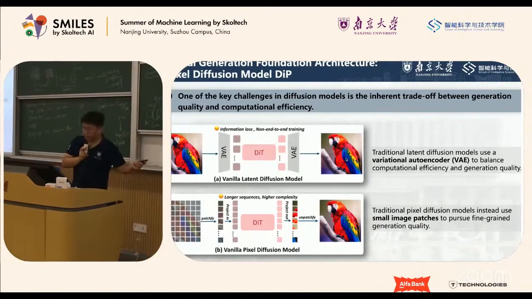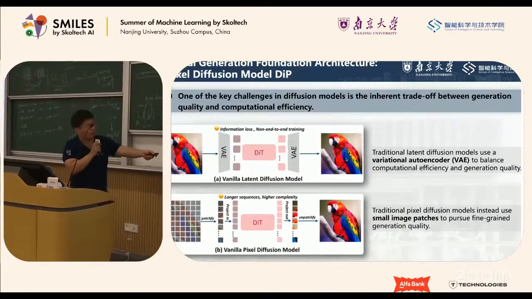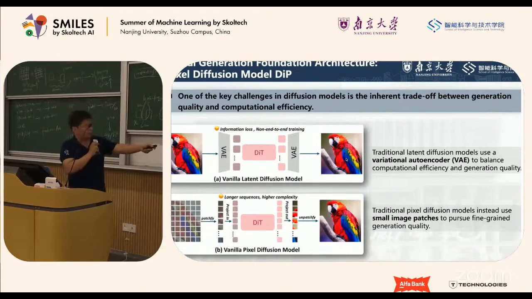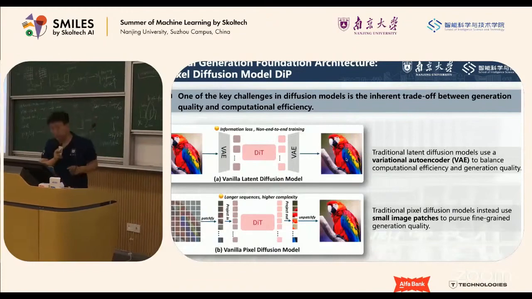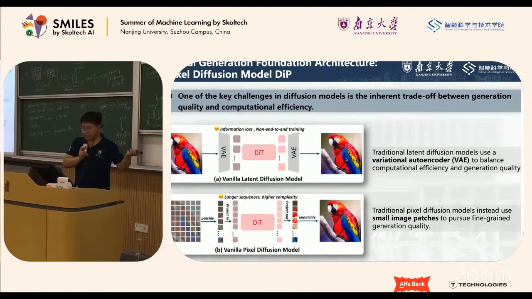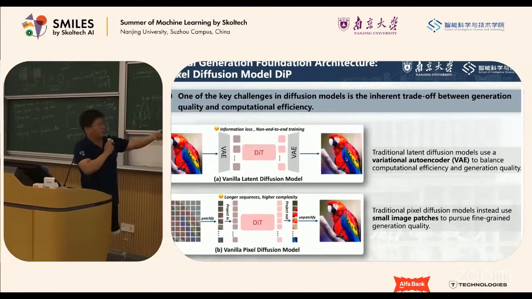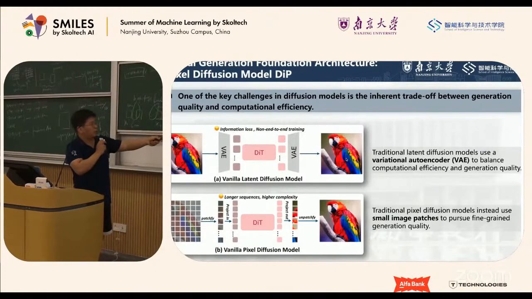So the latent diffusion reduces cost through a VAE, a variational autoencoder. But it may lose some details because it goes from the entire image to a compressed representation.